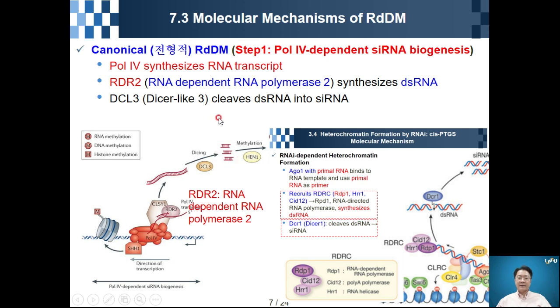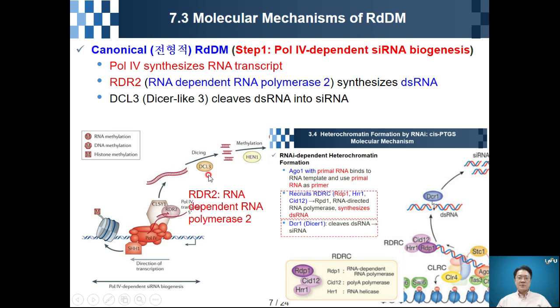So step 1 is, once again, polymerase 4 synthesizes the RNA transcript. After that, RDR2 binds here and synthesizes double-stranded RNA.